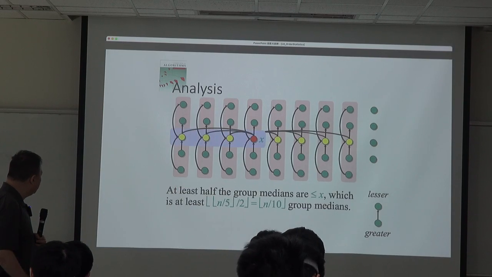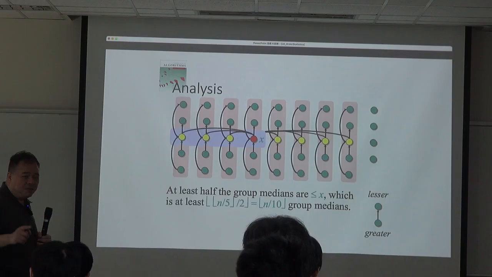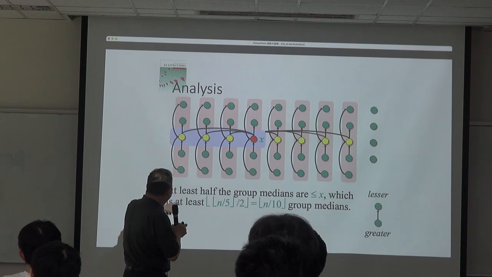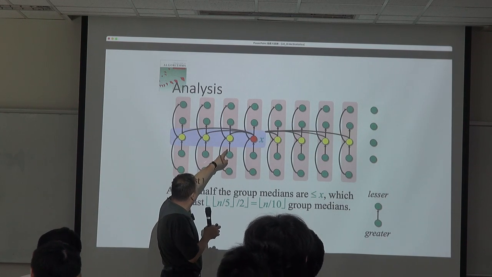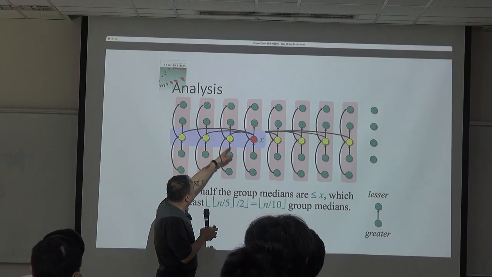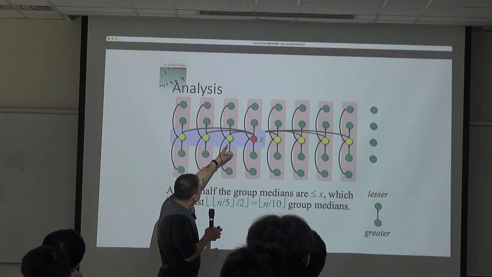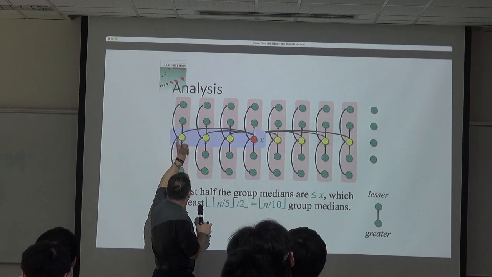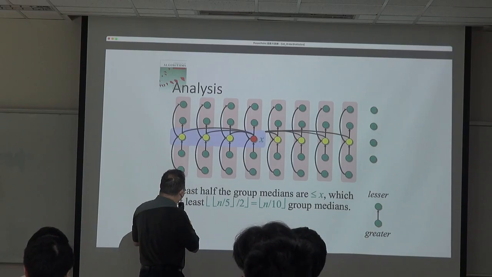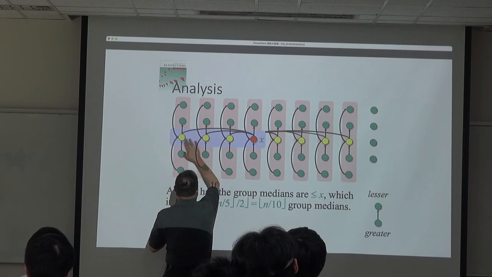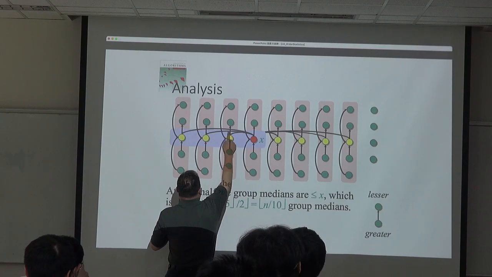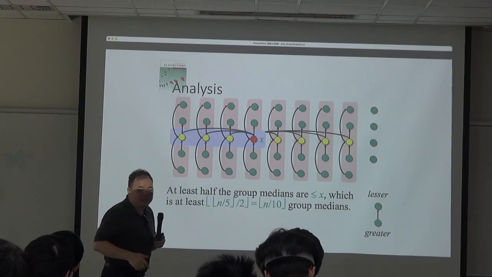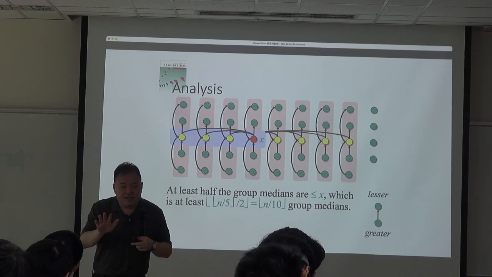The basic idea is like this. Because if these elements are smaller than x, and we know that these are the medians, right? So not only these elements are smaller than x, the top 2 of each of these are also smaller than x, right?